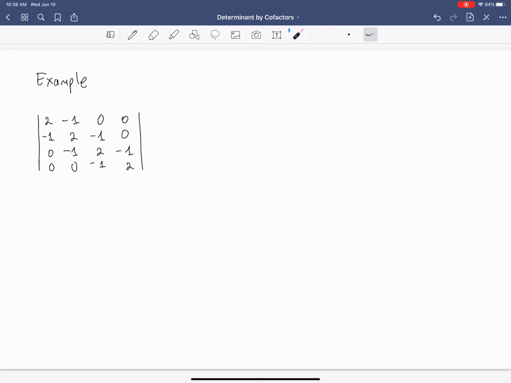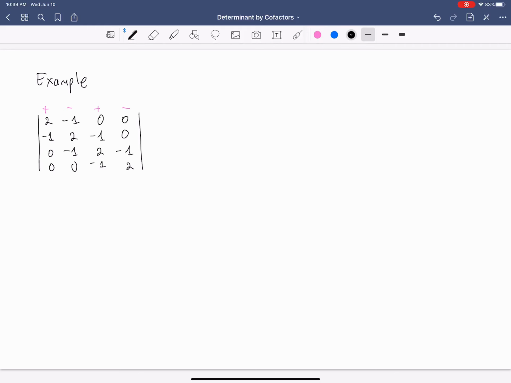Again, because I'm multiplying by 0, it doesn't play a role. So when I apply the cofactor formula, I'm going to do expansion along the first row. You do it only along one row, you don't do it along more than one row. The first row and the first column are convenient because of the signs. I know I have to start with plus, minus, plus, minus. Of course, the last two don't matter.